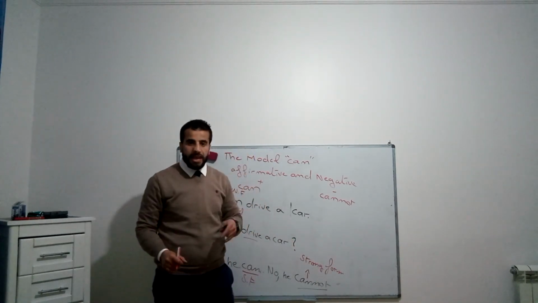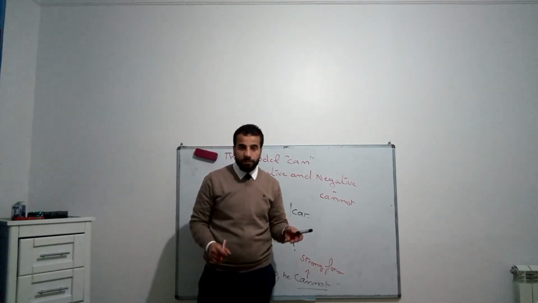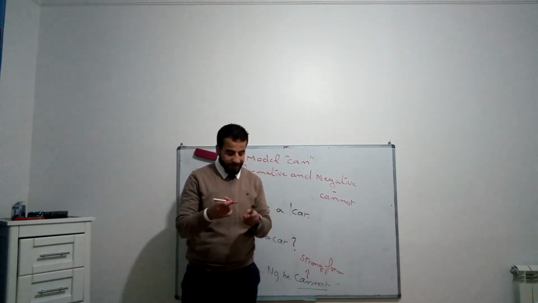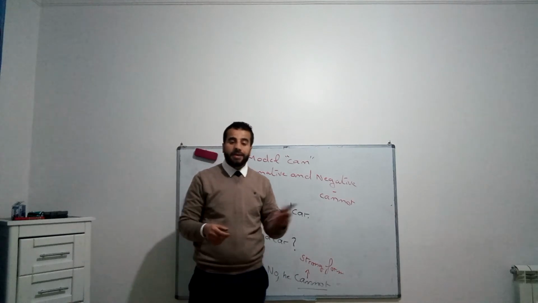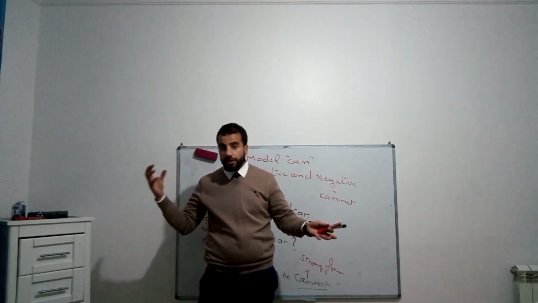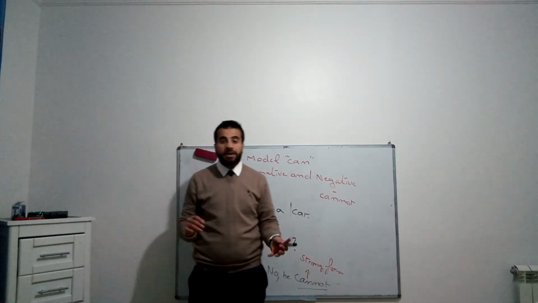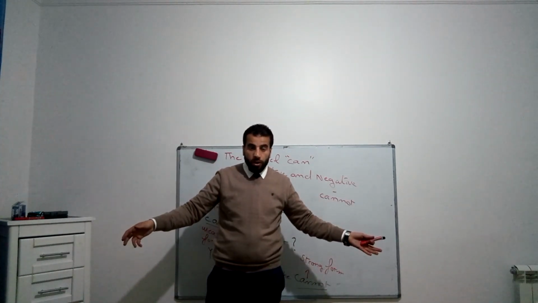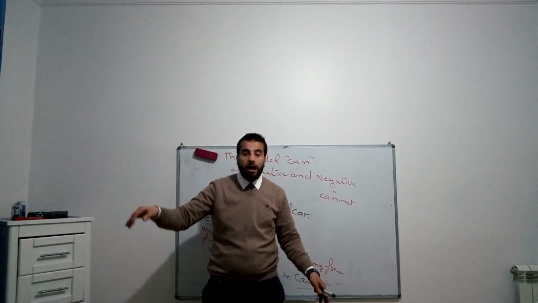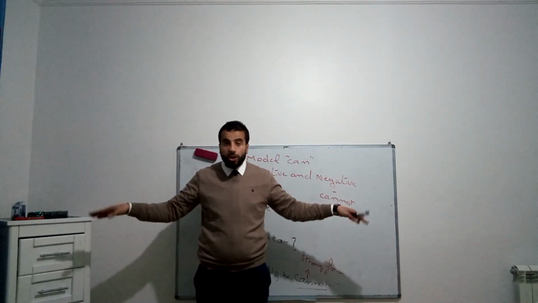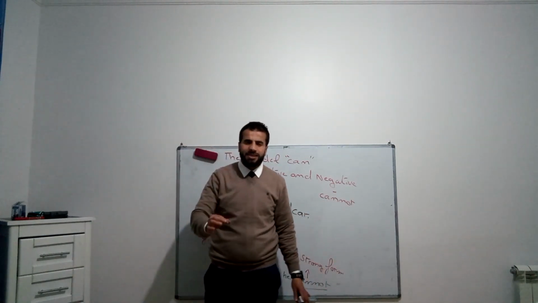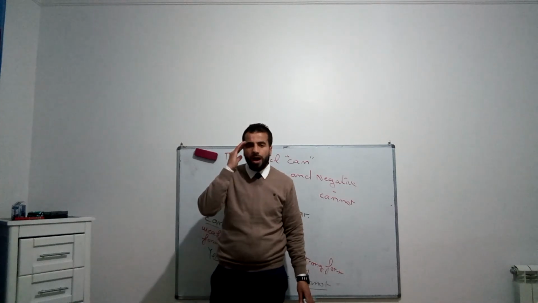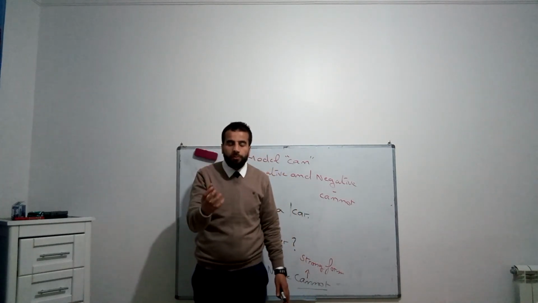This is the lesson of today. It's very simple, very easy. You can understand it by saying, I can do something, I cannot do something, I can hold something, I cannot fly. Right? I can jump, but I cannot fly. This is the easiest example to understand why we use can.